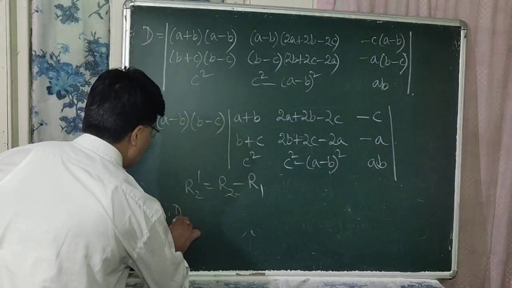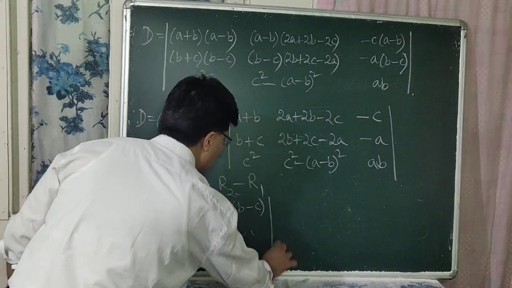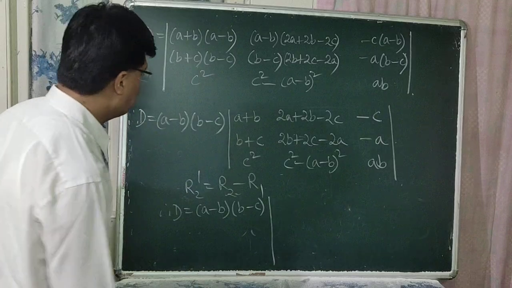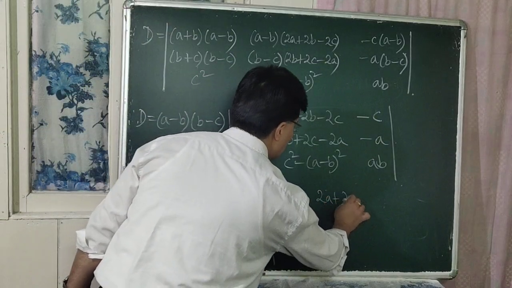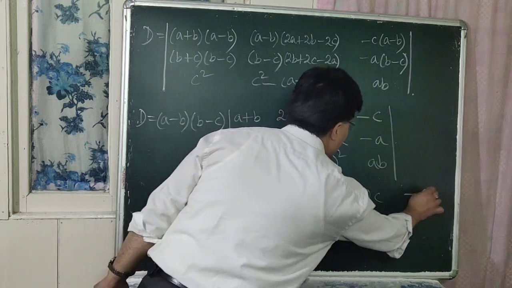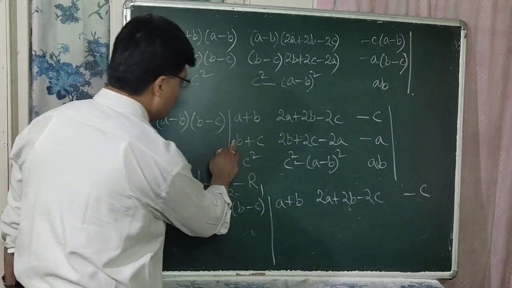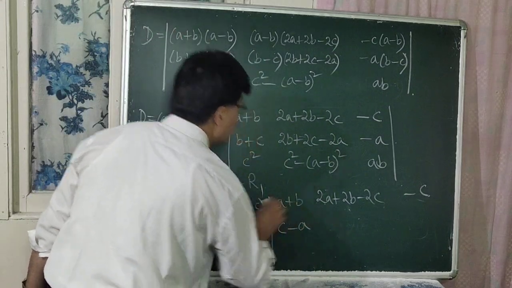So therefore D is equal to a minus b, b minus c. So now first row as it is. What is the first row here? Keep it same. A plus b, 2a plus 2b minus 2c, then minus c. What is the new second row? New second row will be b plus c minus a minus b. b gets cancelled. So what do we get? c minus a.